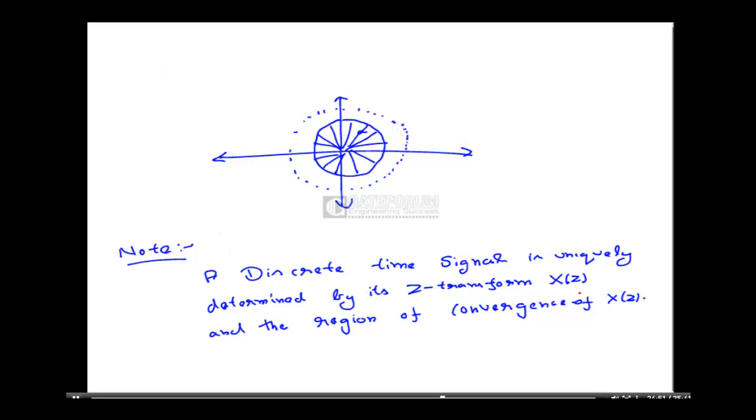We have seen that for a causal signal ROC is the exterior of the circle, while for an anti-causal signal ROC is the interior of the circle. We will see this in more detail.